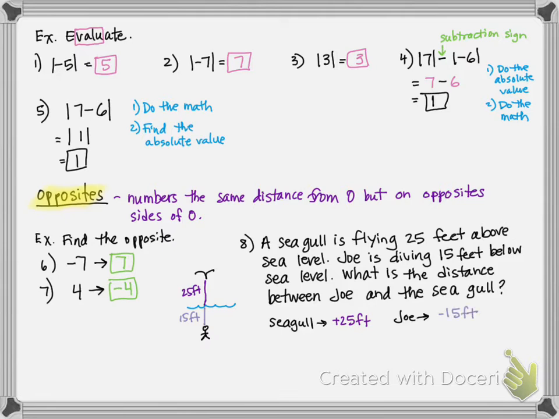Okay, so what we're going to do is take the absolute values of those two numbers, so absolute value of negative 15 or positive 25 feet, and if we're going to go the distance from Joe all the way up to the seagull, we're going to be adding those two distances from below all the way to above. This is how we can do math with negative numbers.